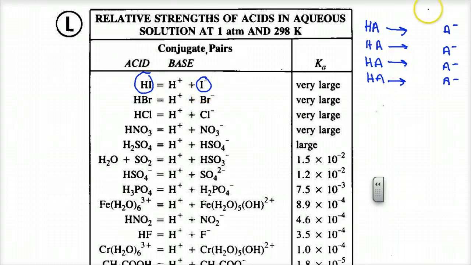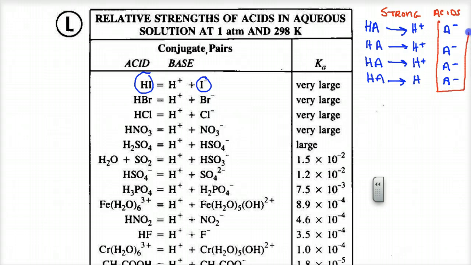In any case, what we have here is that all of these HAs become dissociated. That's what we call a strong acid. Strong acids completely dissociate. Now, why? Well, in part, it's because of the inability of the conjugate base to actually accept the H pluses and reform the acid.